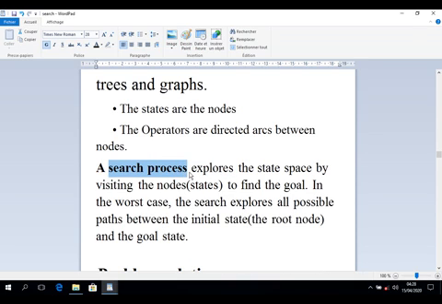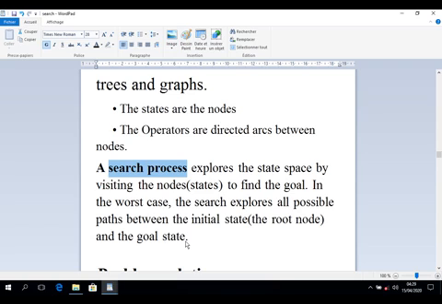So a solution is just the sequence of actions. Here, for example, it is a sequence of moves to transform this initial state to the goal state. Or in this problem, to move these missionaries and cannibals from this side to the other side of the river. Fine.